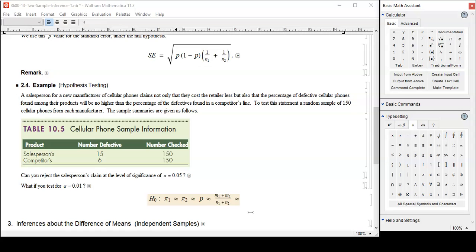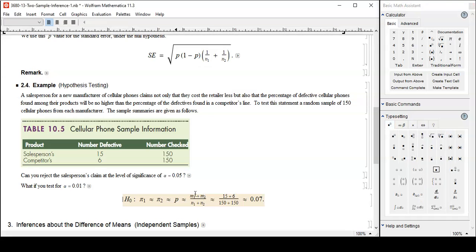And in this particular case, it was 15 plus 6 over 150 plus 150. And that's approximately equal to 0.077.